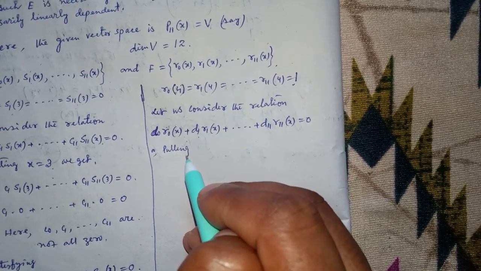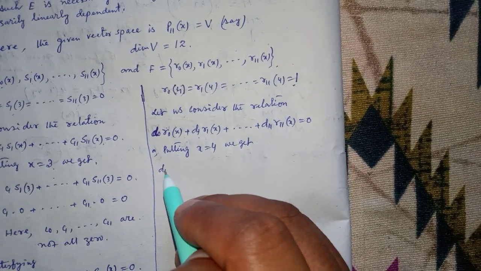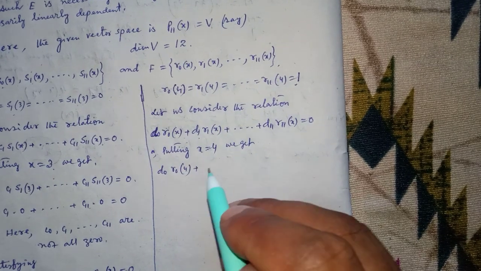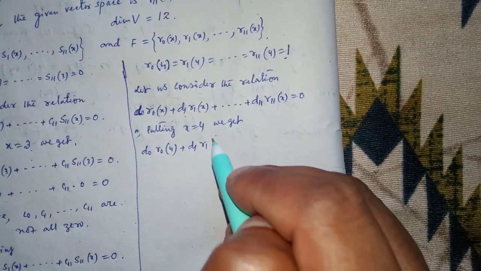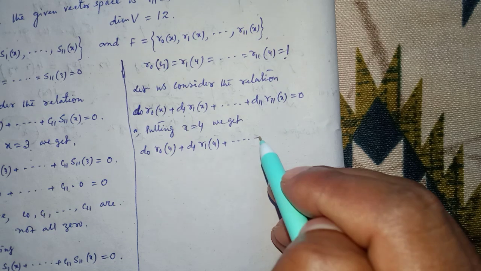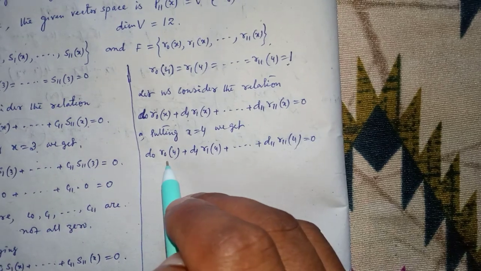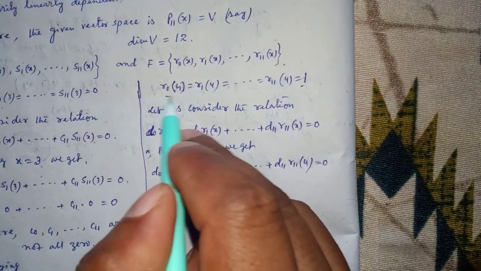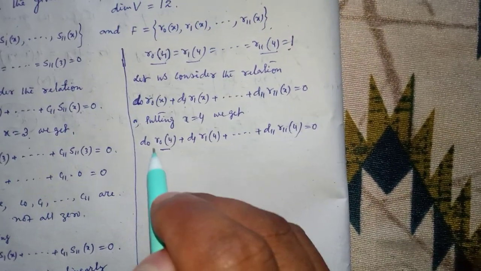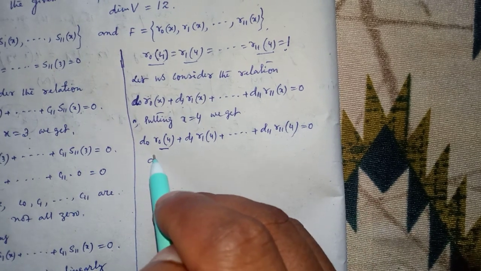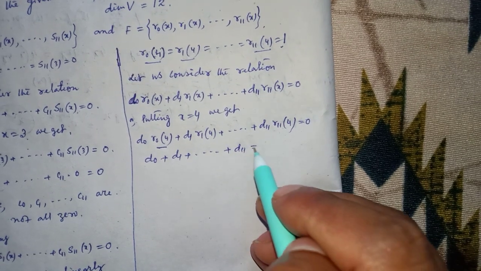Putting x equal to 4, we get d0 r0(4) + d1 r1(4) + ... + d11 r11(4) = 0. Since r0(4) = r1(4) = ... = r11(4) = 1, therefore d0 + d1 + ... + d11 = 0.